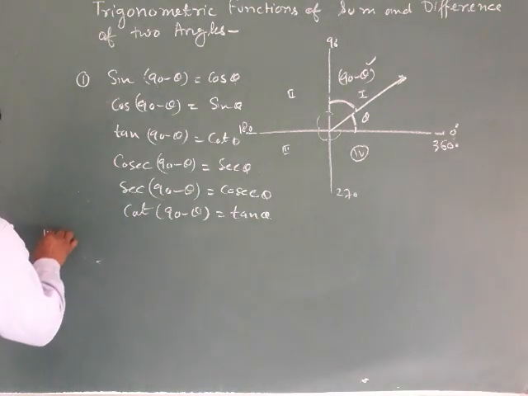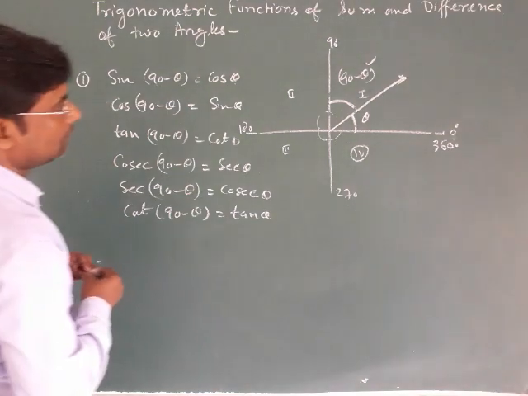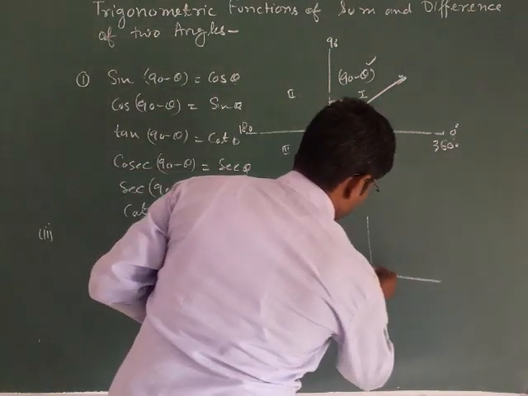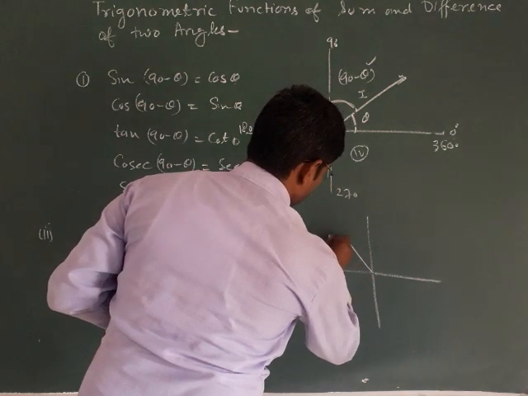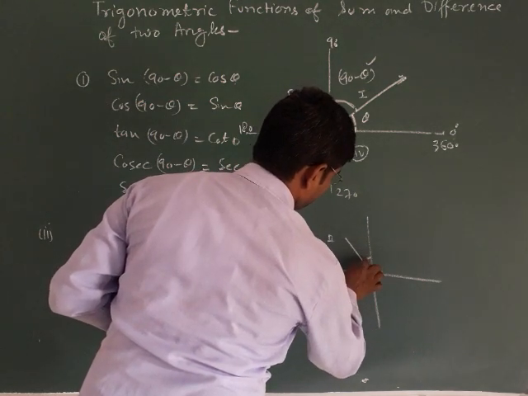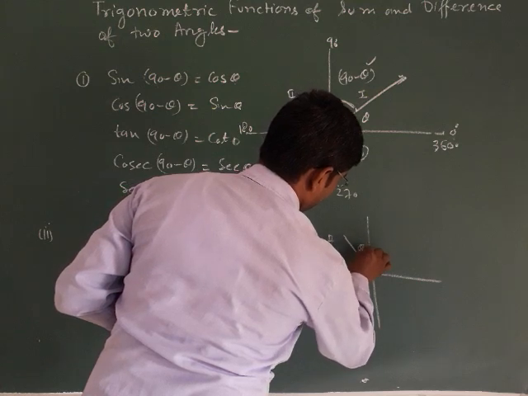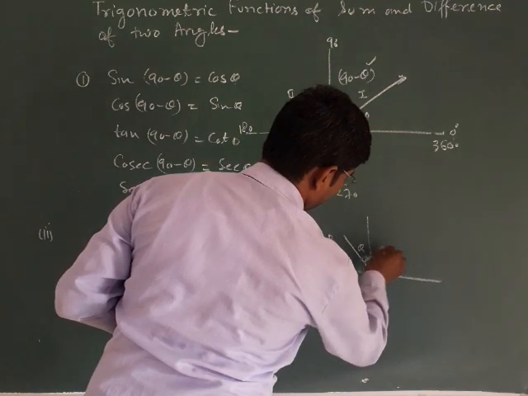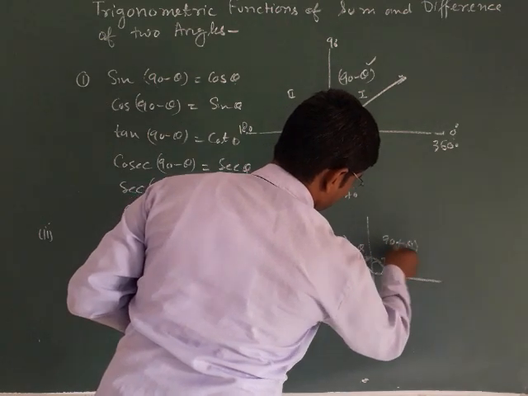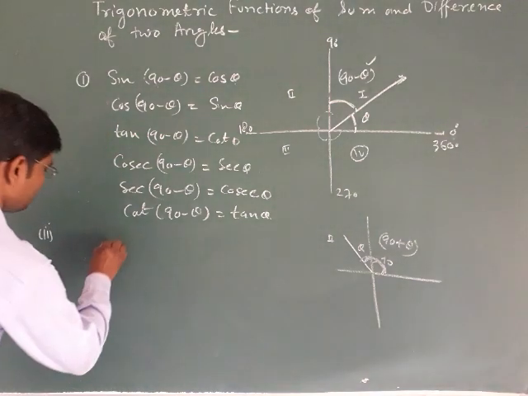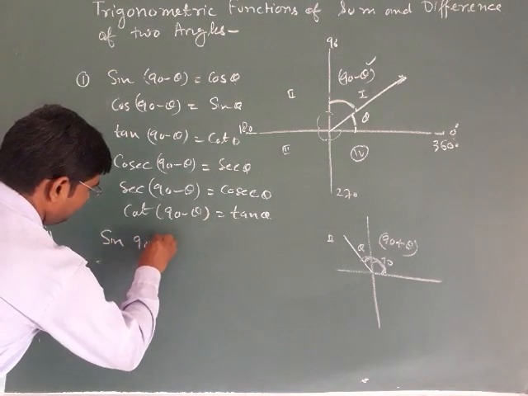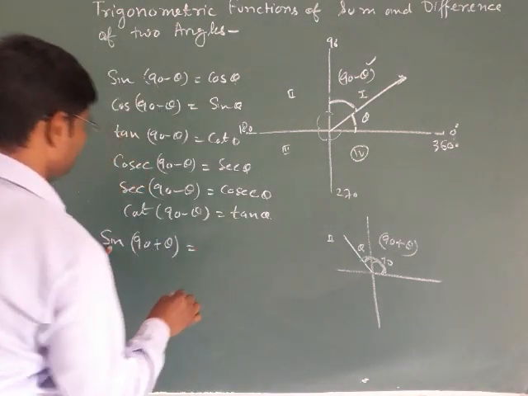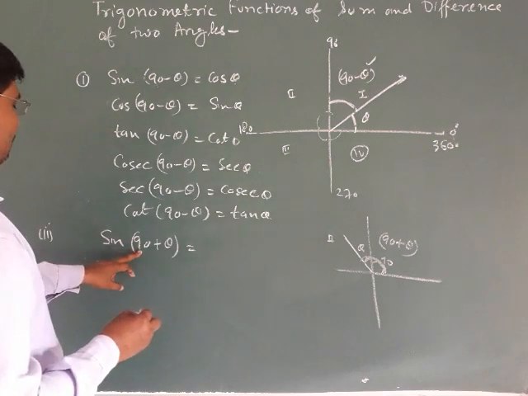Now the second part: if the angle lies in the second quadrant, making angle theta from 90, the angle is 90 plus theta. So sine of 90 plus theta is equal to cos theta, since the ratio will be changed.